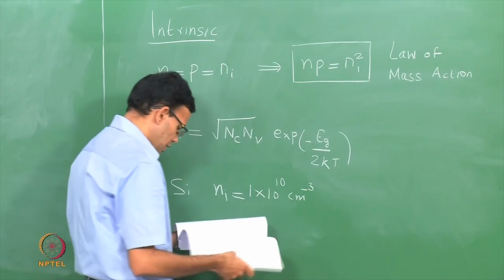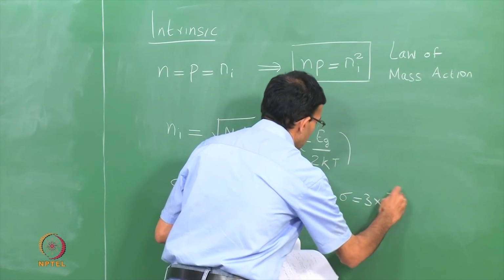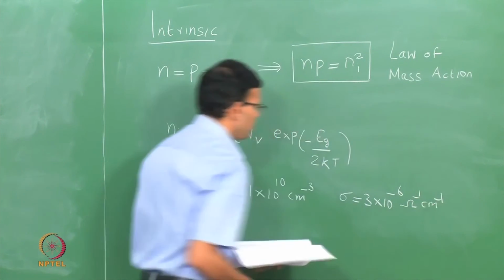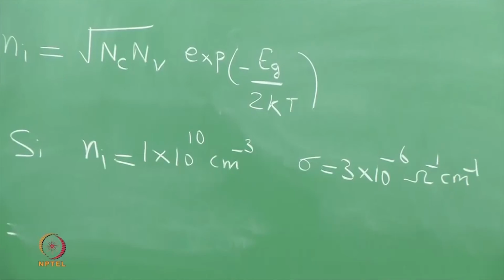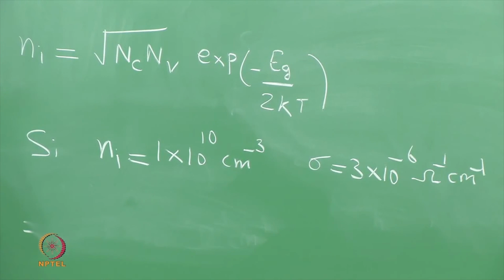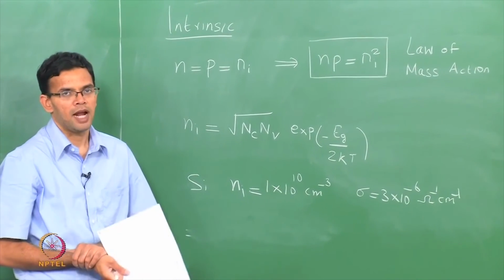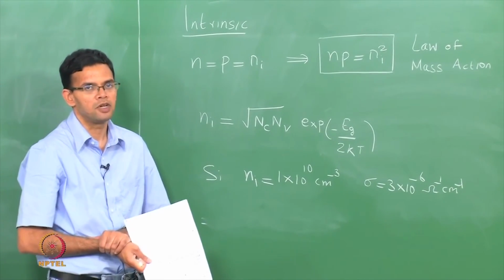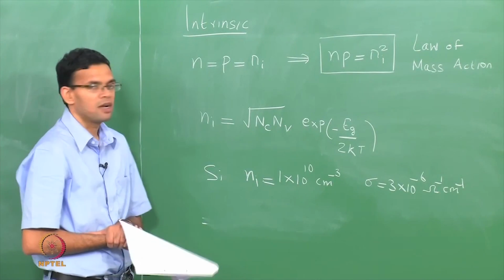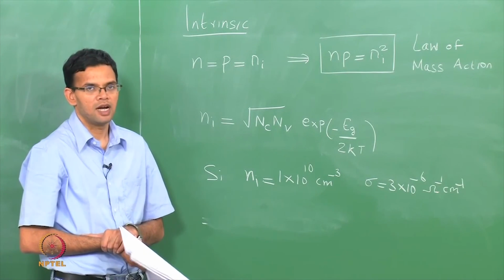The only way we could increase the conductivity, if we still want to keep intrinsic silicon, was to increase the temperature, but increasing the temperature is not practical because the devices have to work at room temperature. So, the next thing we will see is how to increase the conductivity by doping, and these are extrinsic semiconductors which we will start in the next class.